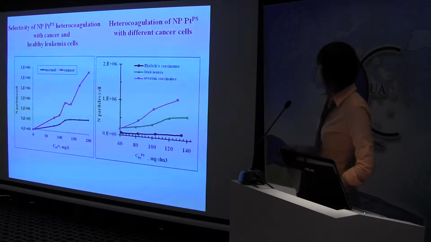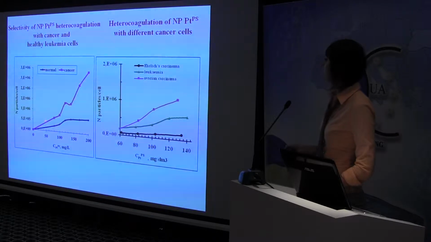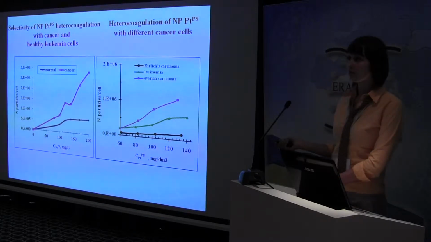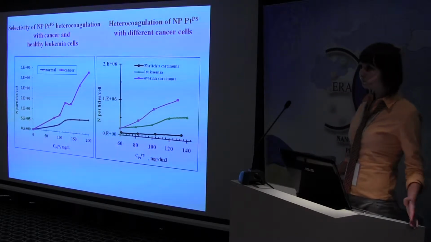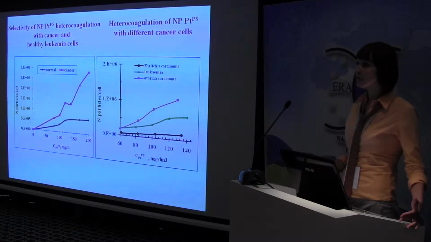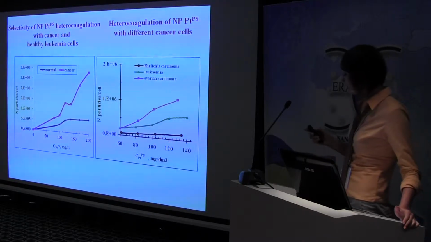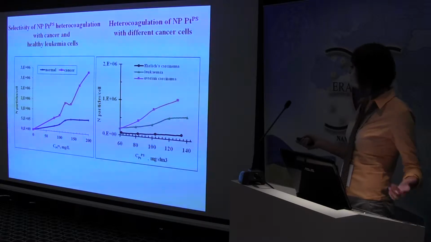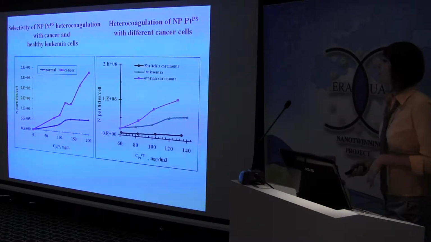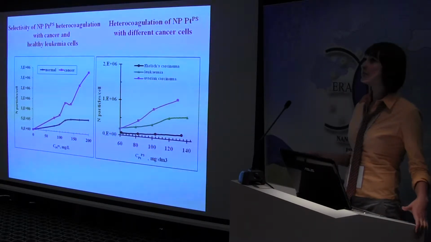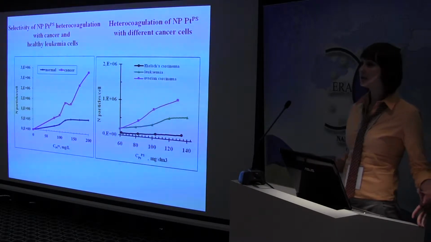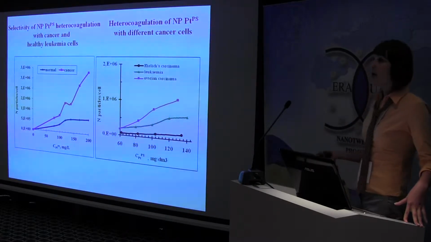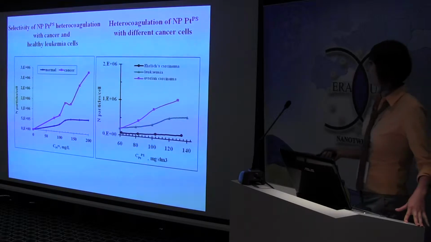Aggregation of nanoparticles with healthy cells is much less than with cancer cells. So this selective interaction really takes place. Also, by the same methods, we studied selectivity not only between healthy and cancer cells, but for the ovarian cancer cells.